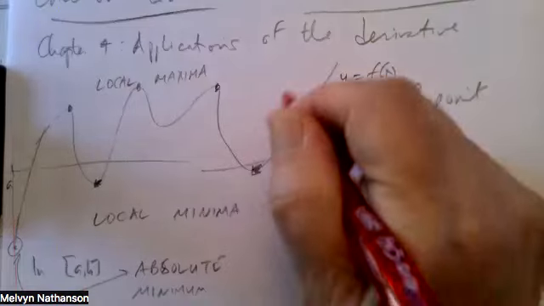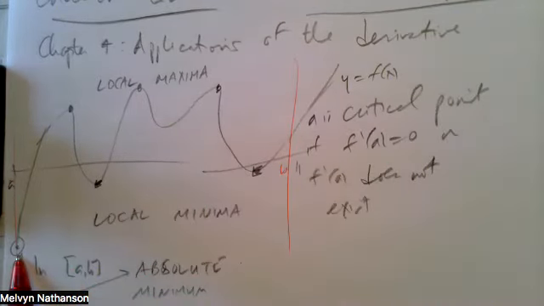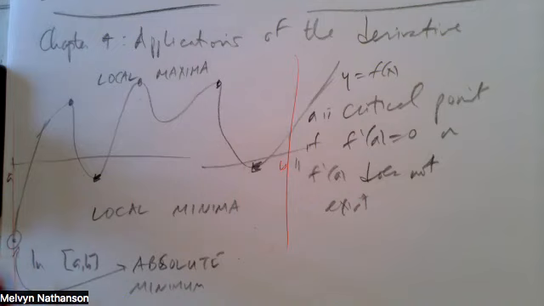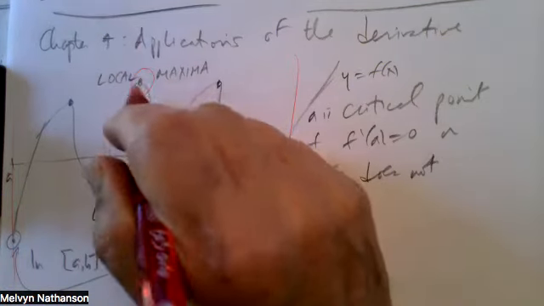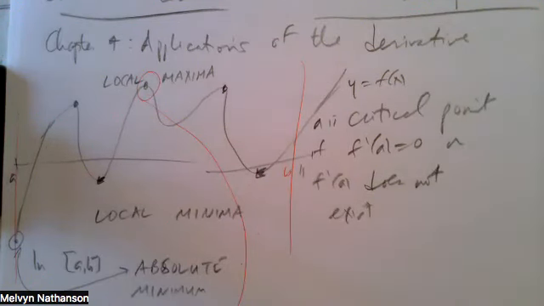We're looking at the graph of this function just on the closed interval from a to b. This is the absolute minimum. And this point looks like it's the absolute maximum.